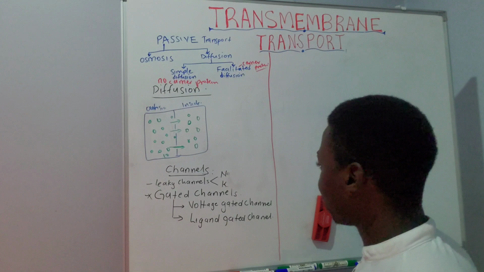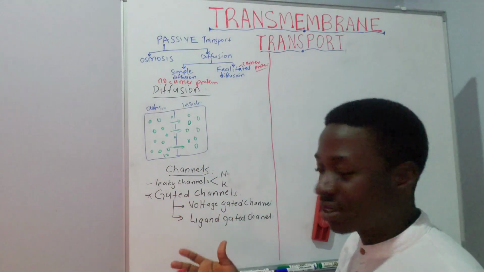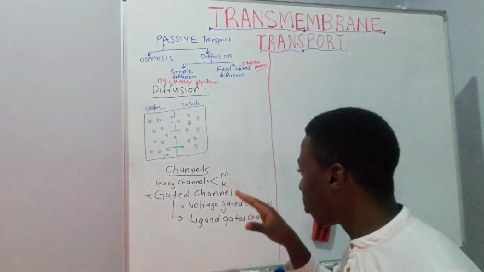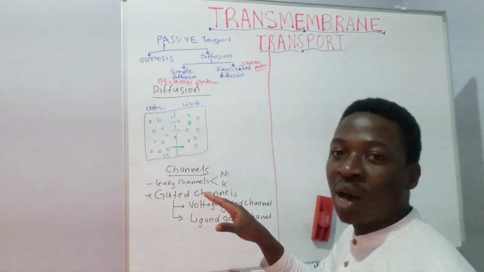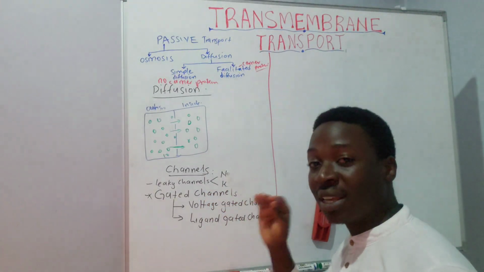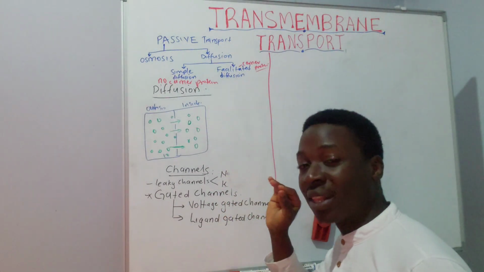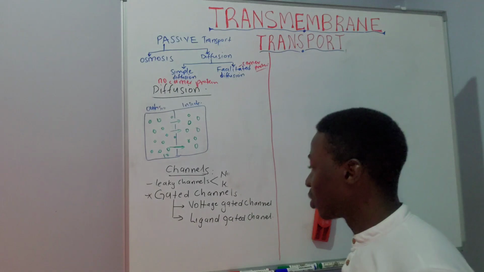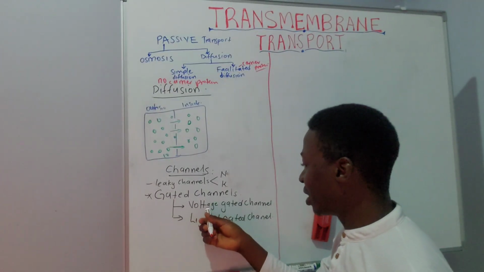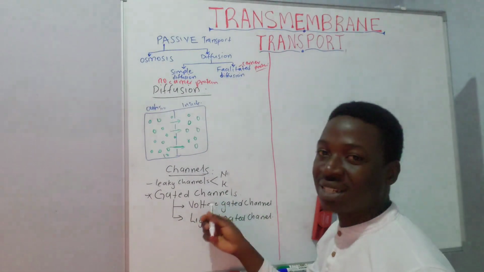Same thing here. These channels are gated, which means the channels have gates. When the voltage changes and is appropriate, just like the gateman hears the hoot, then the gates can be opened. The condition in one case is a voltage that reaches a threshold required to open a certain gate.